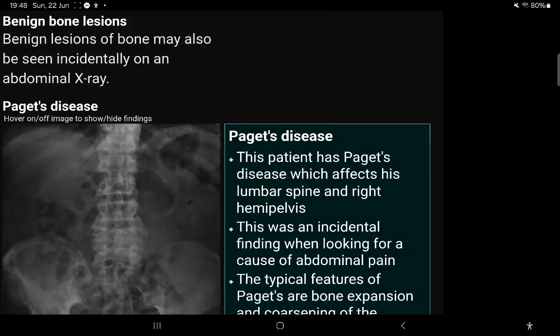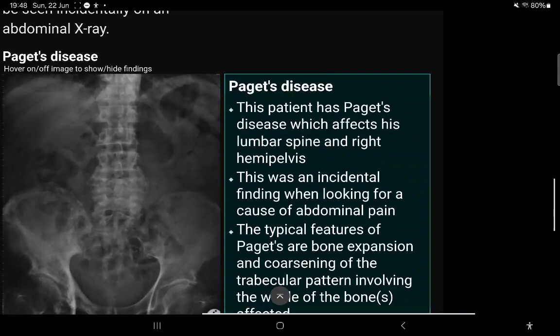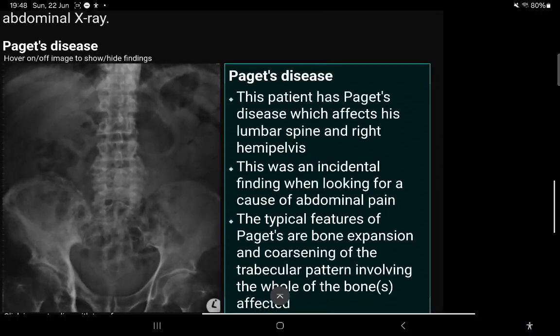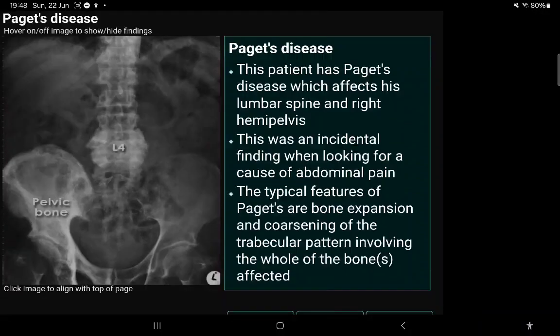Benign bone lesions, like in Paget disease, may also be seen incidentally on an abdominal X-ray. This patient has Paget disease, which affects his lumbar spine and right hemipelvis. Paget disease is one of the metabolic disorders that have active and inactive sclerotic and lytic appearances according to the phase of the disease.